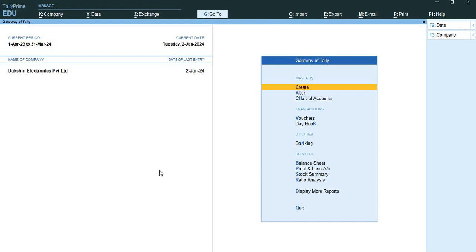Number 1 is individuals or HUF resident, individuals or HUF non-resident, Hindu undivided family, body of individuals, association of persons, company resident, company non-resident, cooperative society resident, cooperative society non-resident, local authority, partnership firm, artificial juridical person and government.